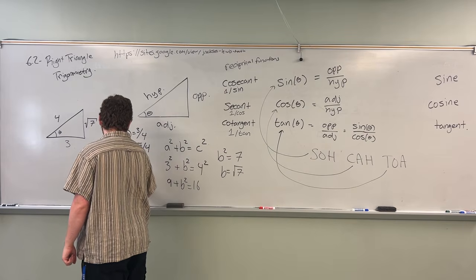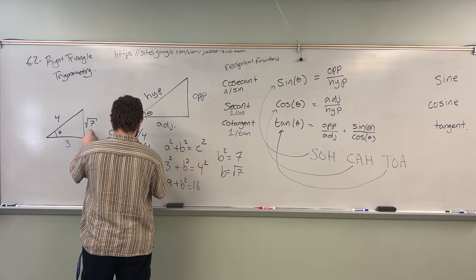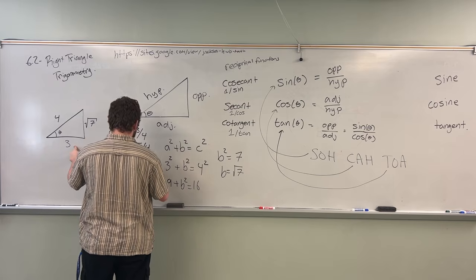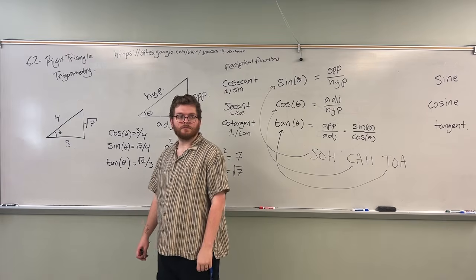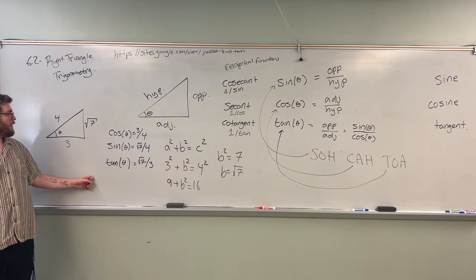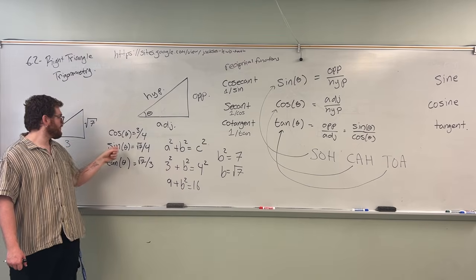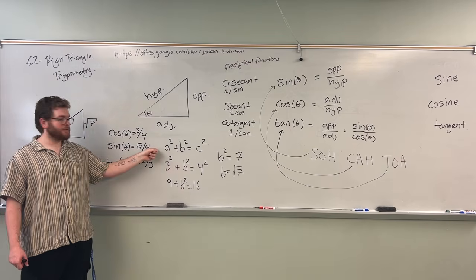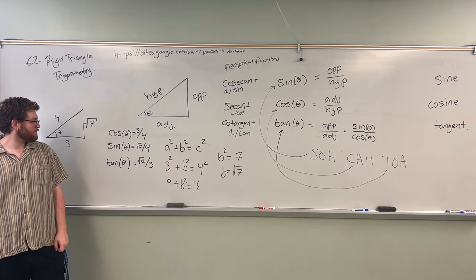So the tangent of my angle is the square root of 7 over the adjacent, which is 3. Cool. And then I can find all of my reciprocal functions as well. Secant would be 4/3. Cosecant would be 4 over root 7. Cotangent would be 3 over root 7, for example.